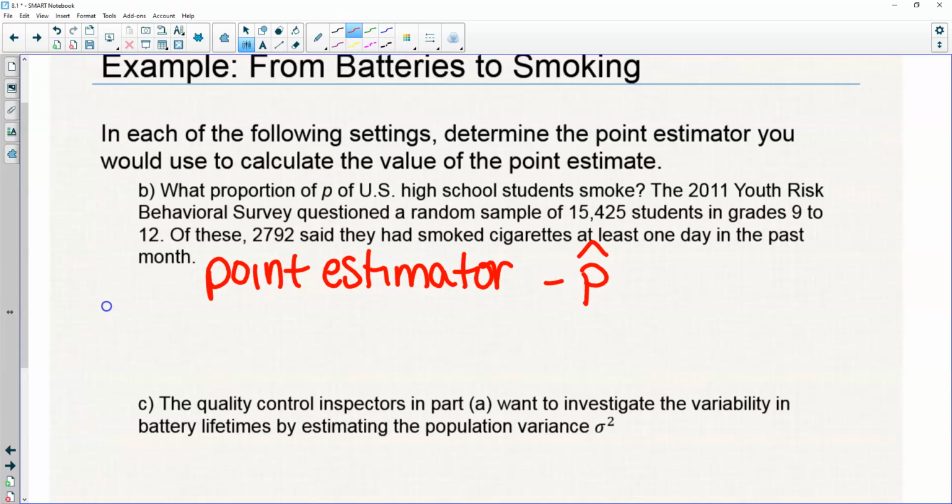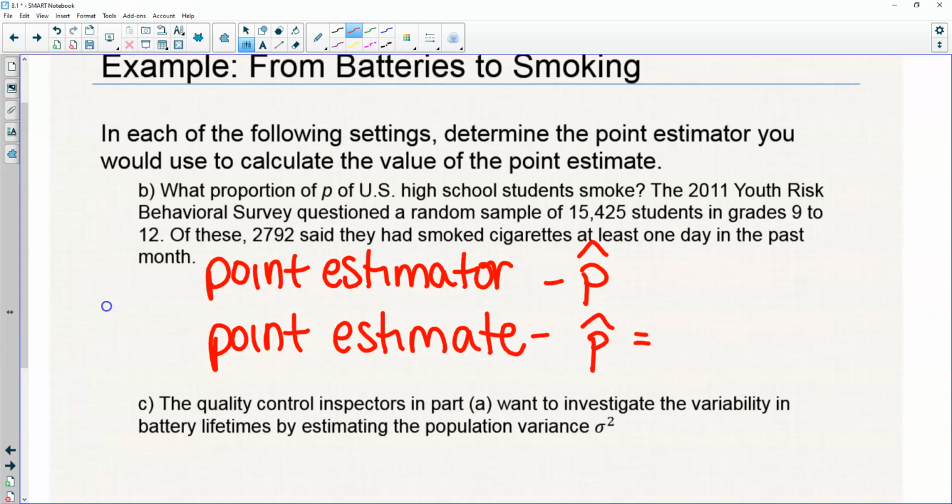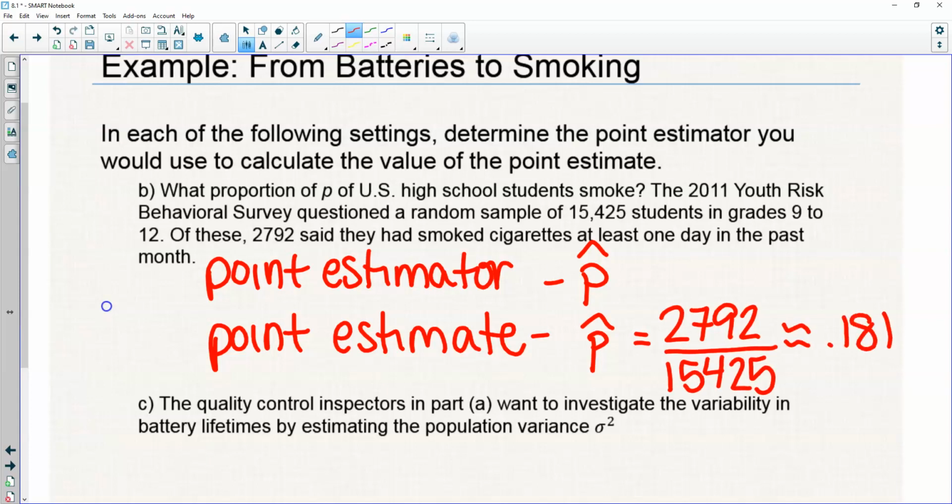That's the sample proportion. And then our point estimate, we have to calculate p hat, which is the number who said they smoke, 2,792, divided by the total surveyed, which comes out to about 0.181 for our p hat point estimate.